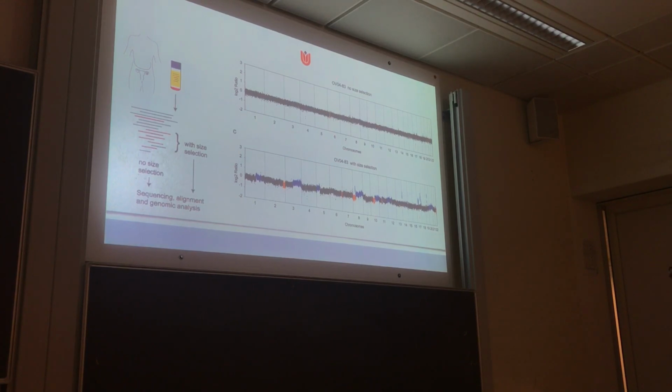Without size selection, you see some changes maybe, but they're very flat and very hard to distinguish from noise. If you do size selection where you only take into account short reads, then you suddenly see all these amplifications, gains and losses. And you can also see that it's very heterogeneous. You have a lot of different levels.